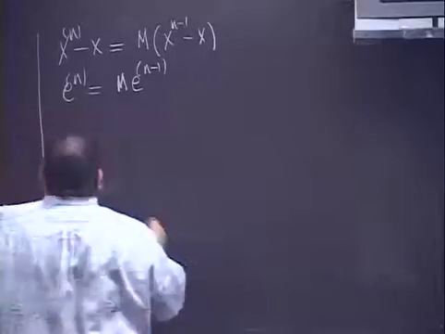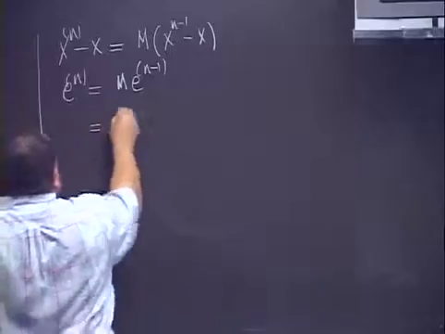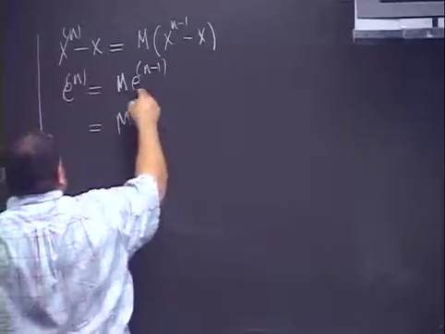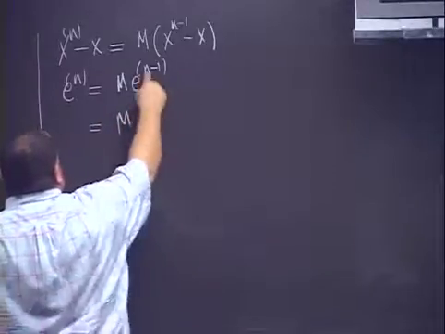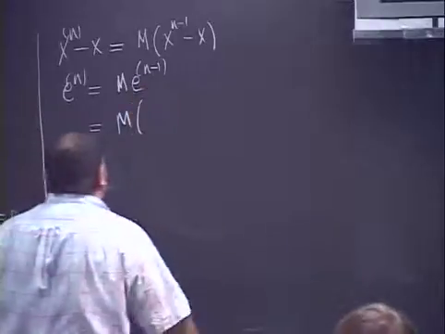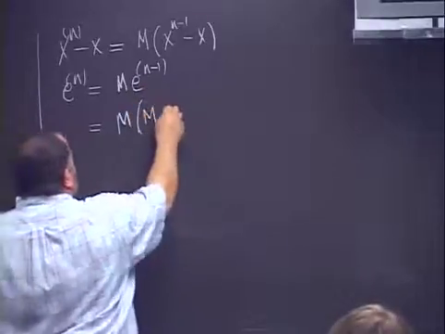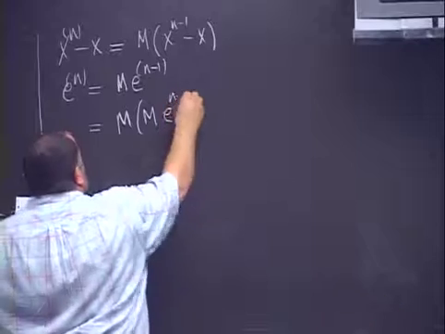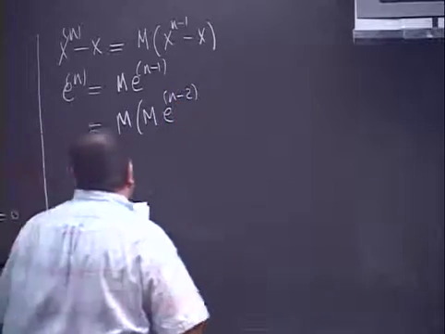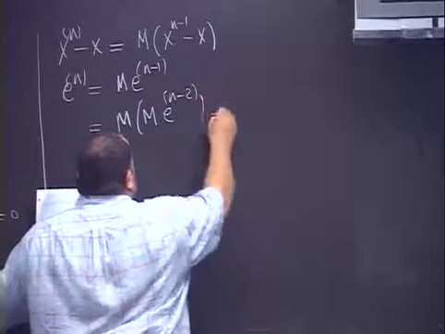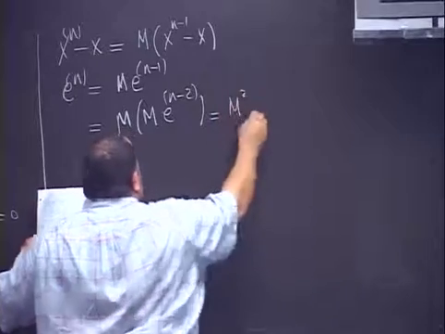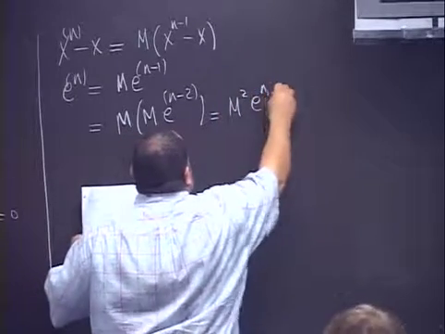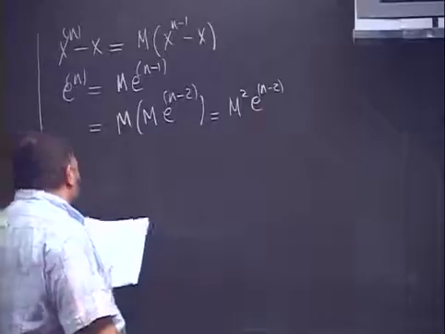Then I can do the same with the error after the (n minus 1)th iteration, and make it M multiplied by the error in the (n minus 2)th iteration. So this will give me M squared E(n minus 2).